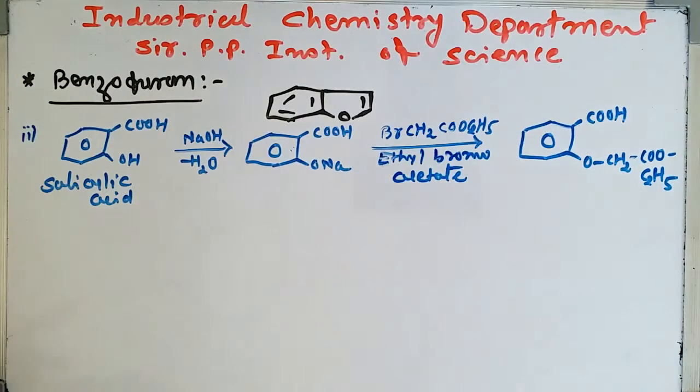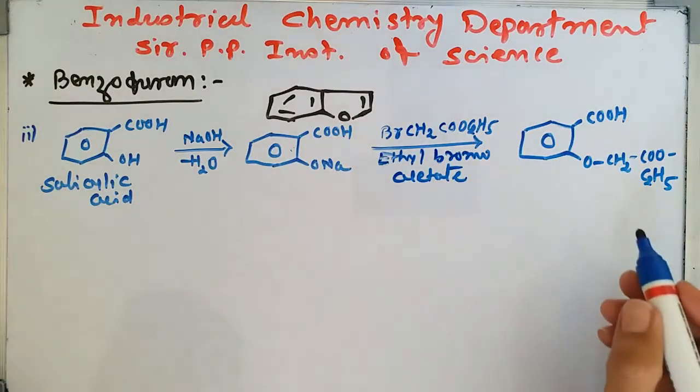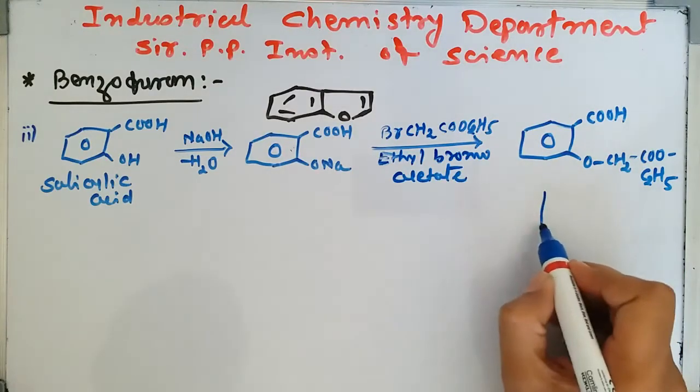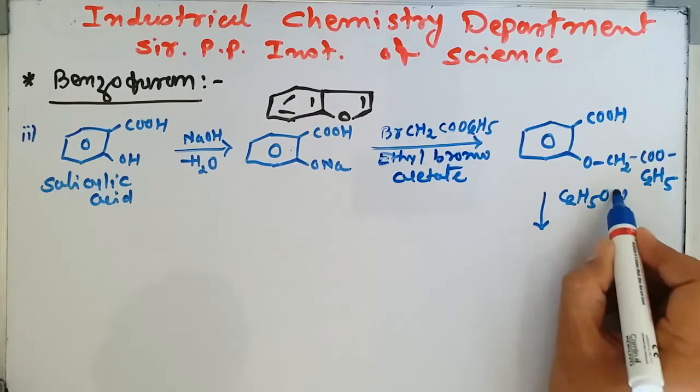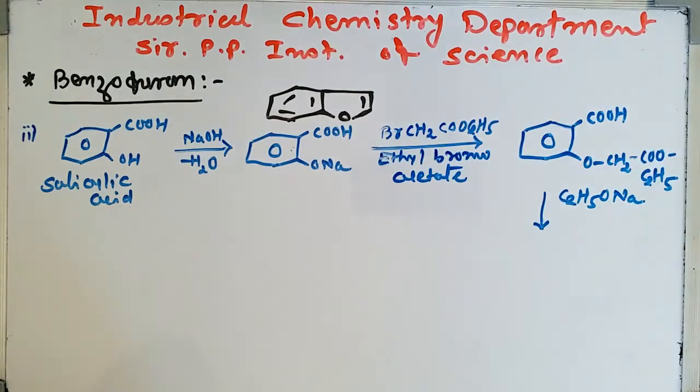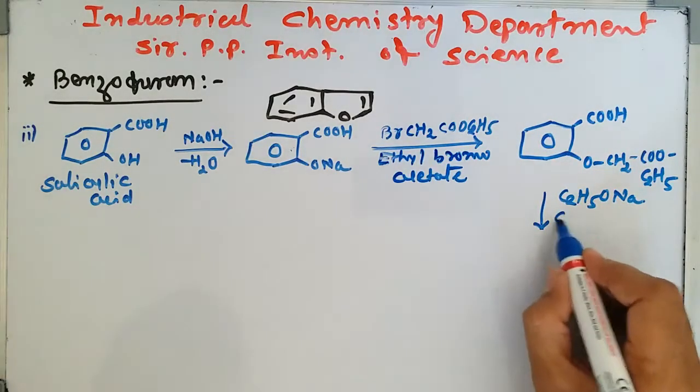CH2COOC2H5, the derivative of salicylic acid and ethyl acetate. Now cyclization takes place with the help of sodium ethoxide, C2H5ONa.